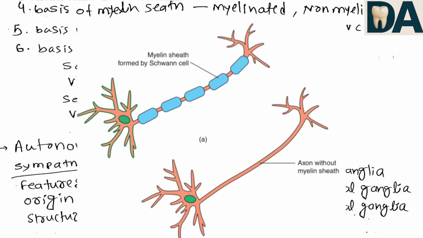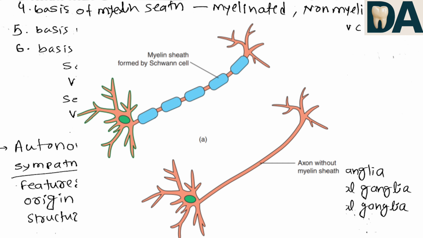On the basis of presence of myelin: myelinated nerves. Those are nerves with a myelin sheath, and their conduction velocity is faster than that of the non-myelinated nerves. Myelin is formed by Schwann cells in the PNS and oligodendrocytes in the central nervous system.